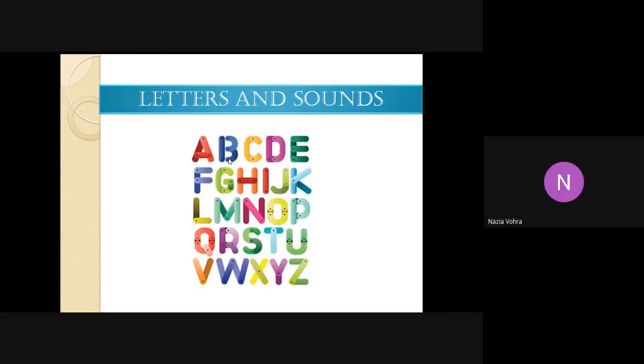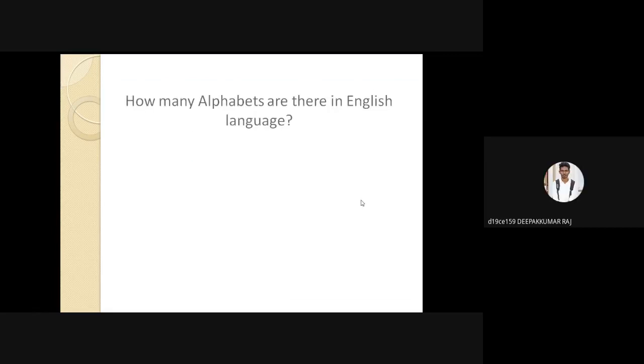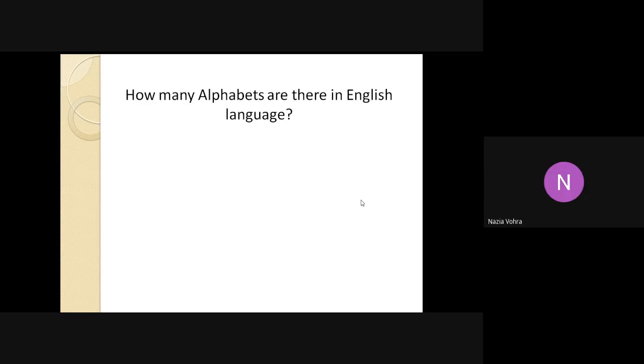Alphabets. Okay, ABCD. So A, B, C, D. Any more guesses? Any more answers? That's it. A, B, C, D, alphabets. It's going to be a surprise for 5 minutes. You learn something new. So tell me how many sets or how many alphabets do we have? 26. New answer for me.